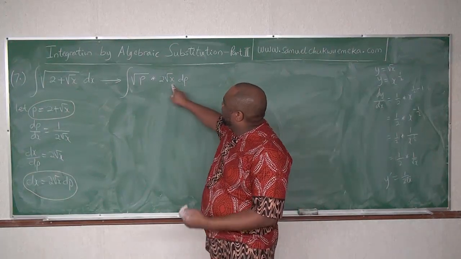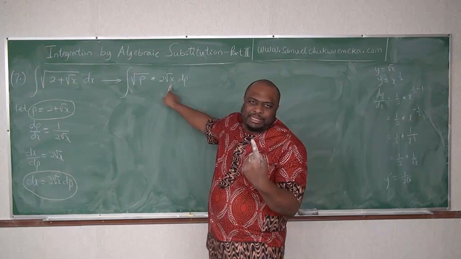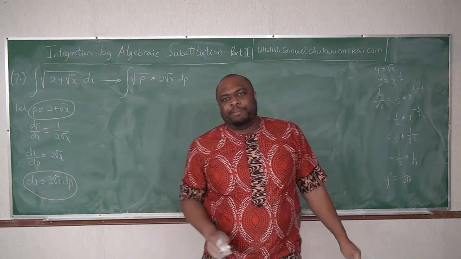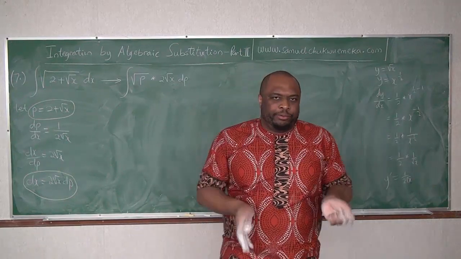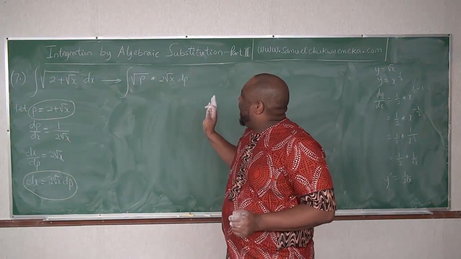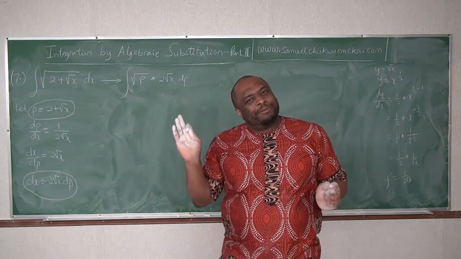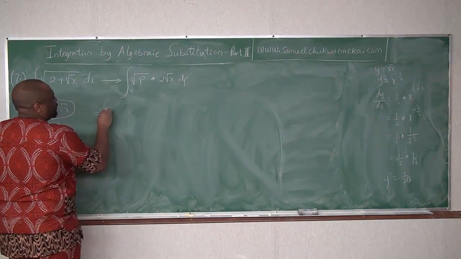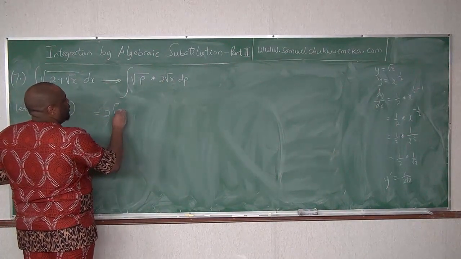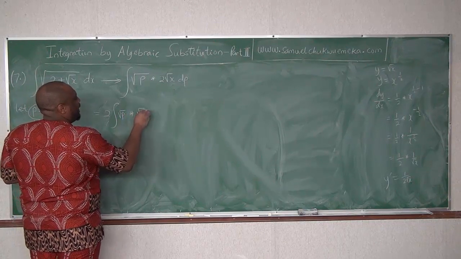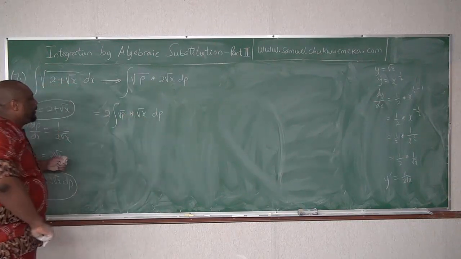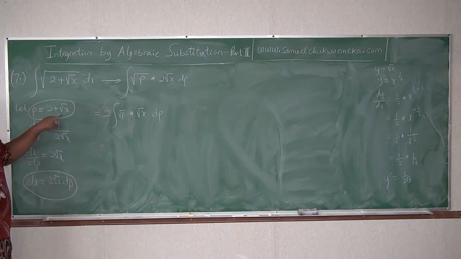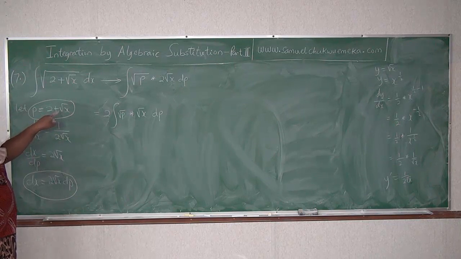So, trying to integrate x with respect to p is a problem. So what do we do? Can we remove the 2 first? Because honestly, I don't like seeing constants. So: 2 integral of square root of p times square root of x dp. Remember we did a question like this earlier on.